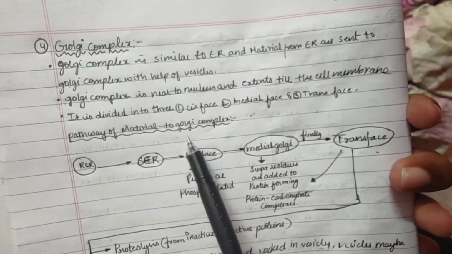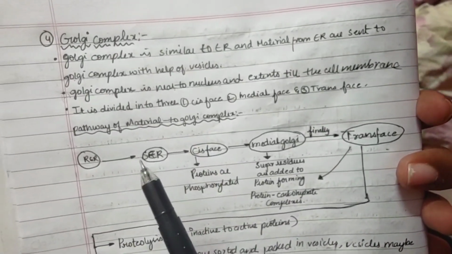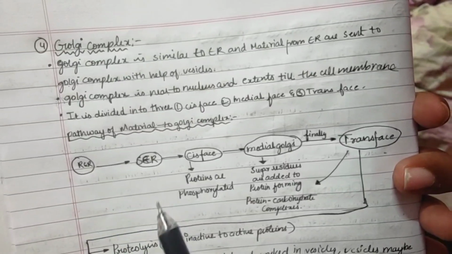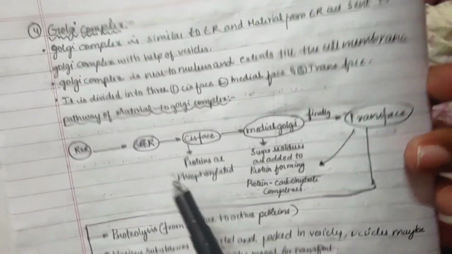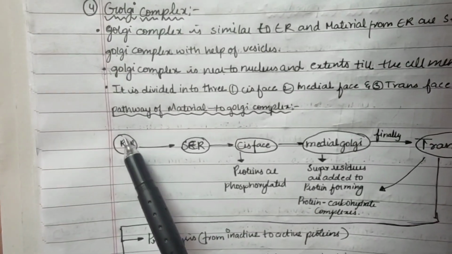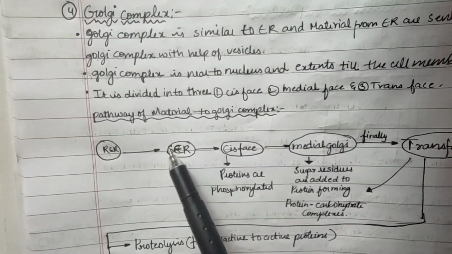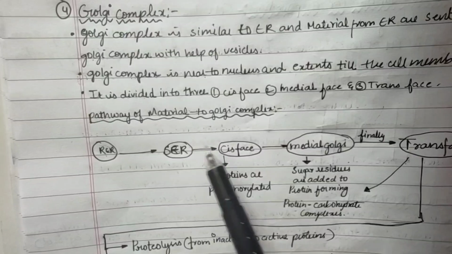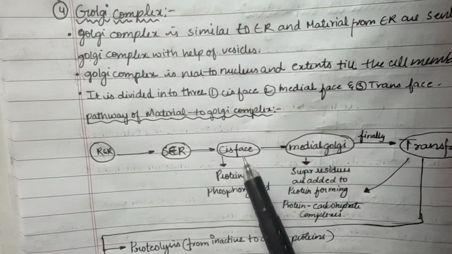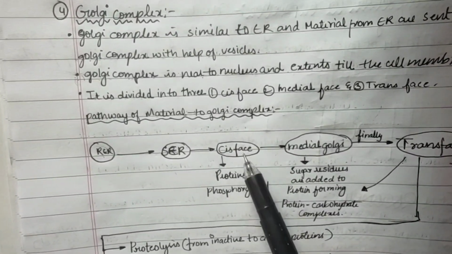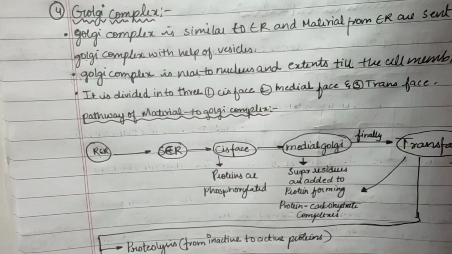The pathway of material passing from ER to the Golgi complex is as follows. First the rough endoplasmic reticulum, then the material moves to smooth endoplasmic reticulum, then it enters the first phase, which is near the nucleus, the cis phase, where the proteins are phosphorylated.